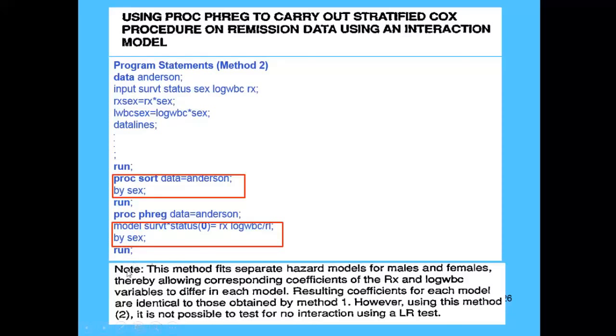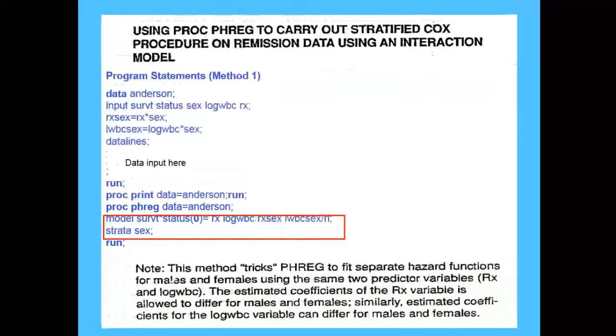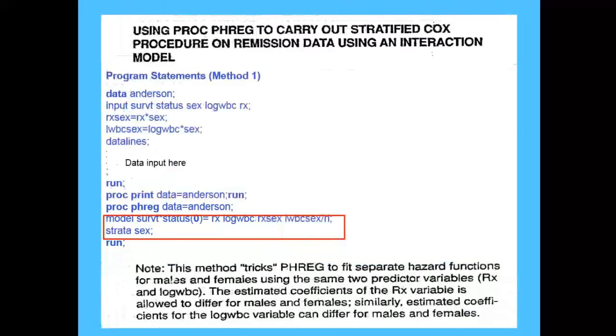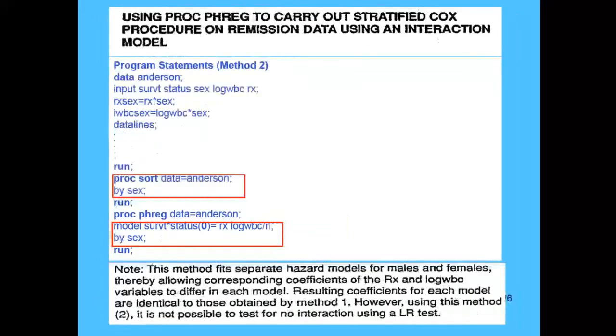This is running males and females separately. What's on the other slide is running them with one model. This is running two separate models. But I'm telling you, that one model will give you the same answers as what I would have gotten if I did these two models. In order to do that, I have to convince you of that.